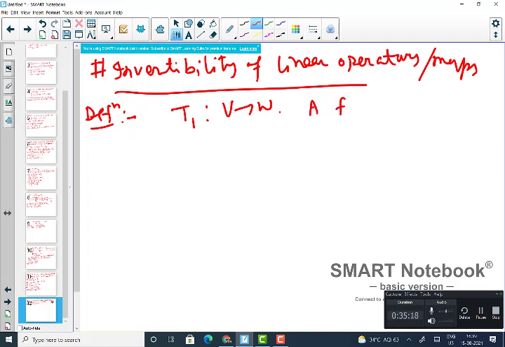A function T2 from W to V is said to be an inverse.